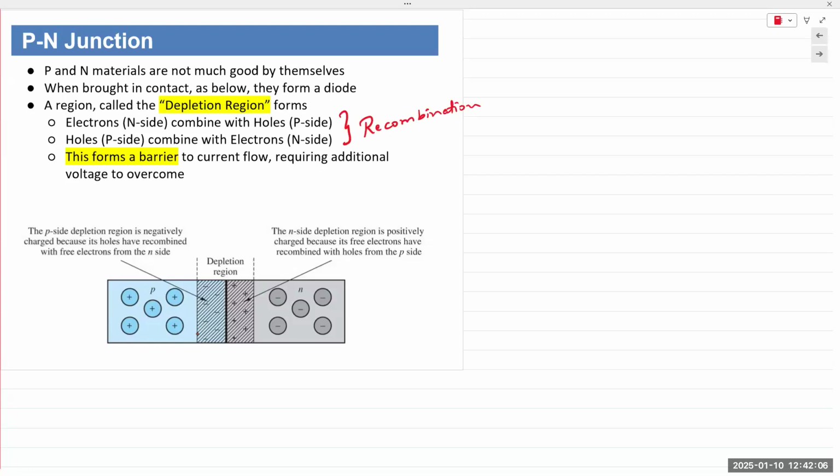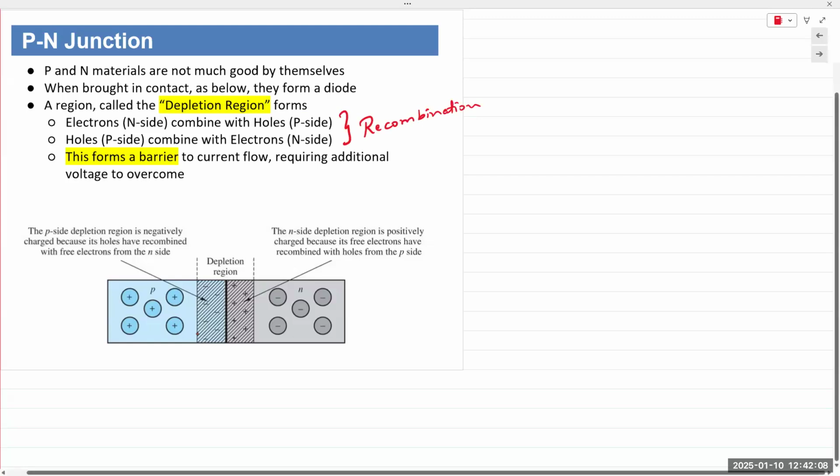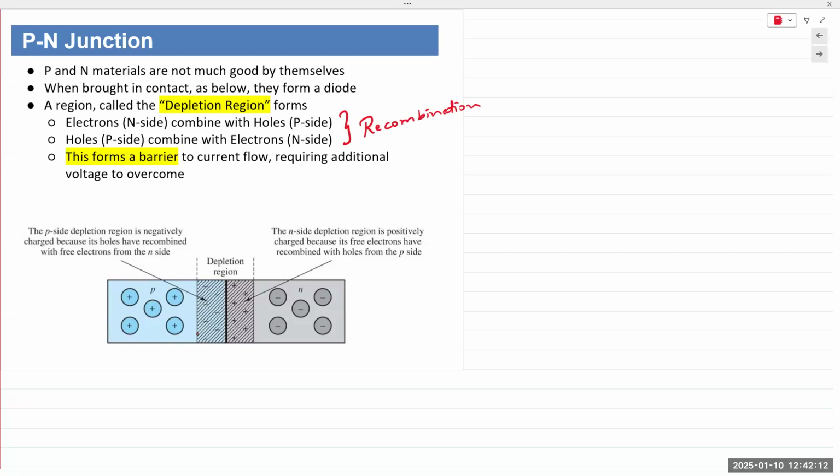Meaning an electron jumps into an empty spot, a hole, or a hole combines with electrons, both are exactly the same thing. It's moving from spot to spot. That's called recombination, and it takes place all the time.